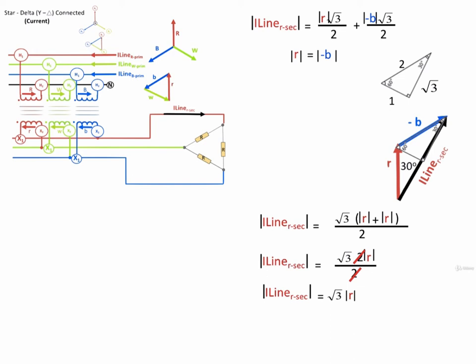Now I'm just going to switch back a little bit before progressing, and I'm going to recall the voltages of this transformer. We did this in a couple of slides before.